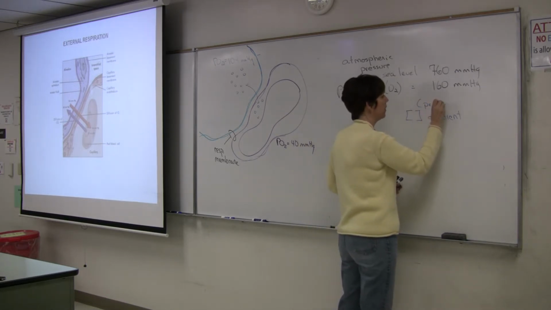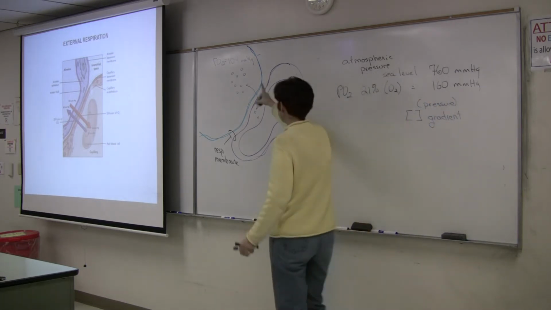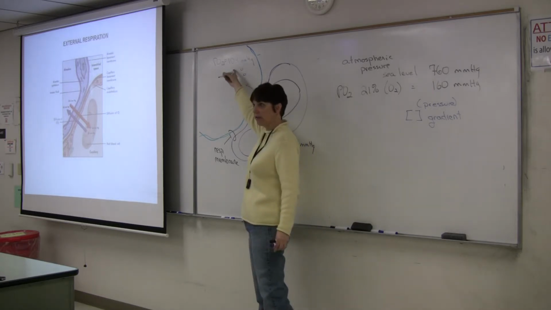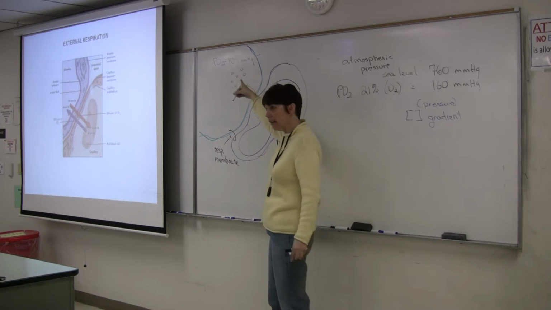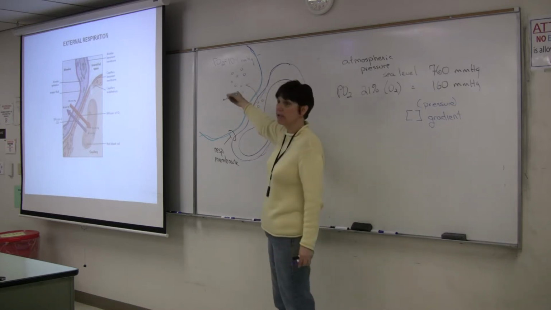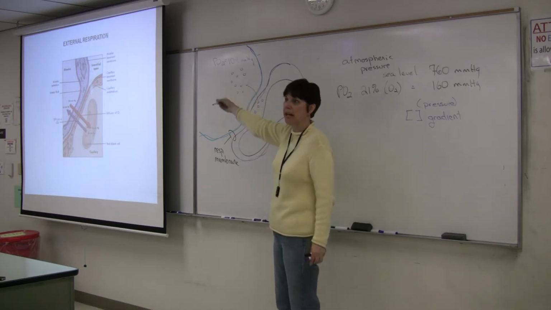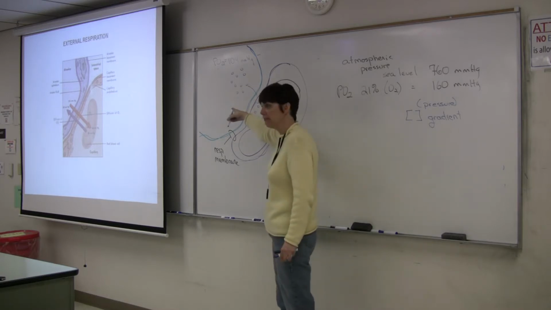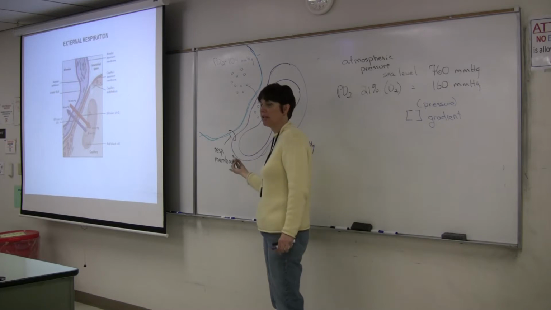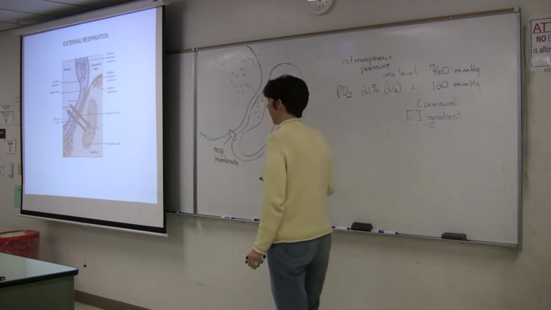So that's what I've shown on the board for oxygen. The concentration or pressure gradient is 104 to 40. And that's going to drive oxygen as a net direction of diffusion from the alveoli into the blood. All right? There'll be a small amount that will move back out again, but the net amount is moving into the plasma of the blood.